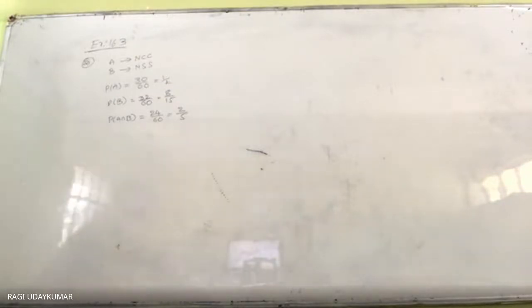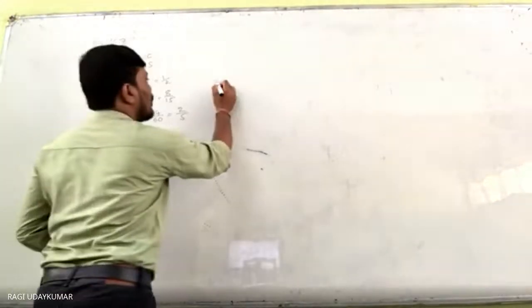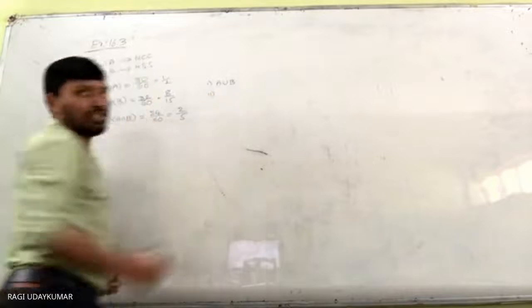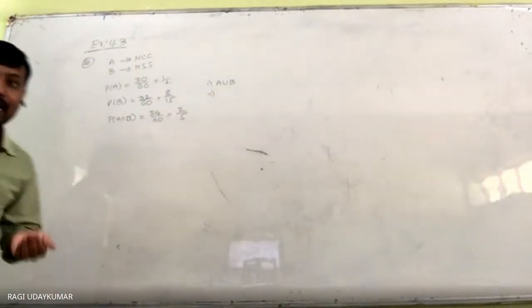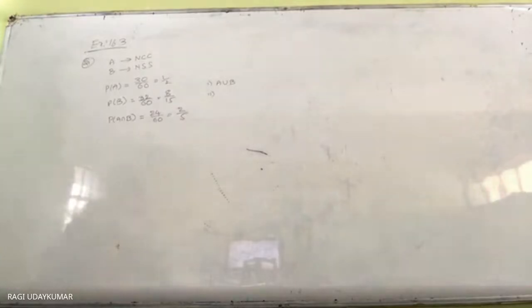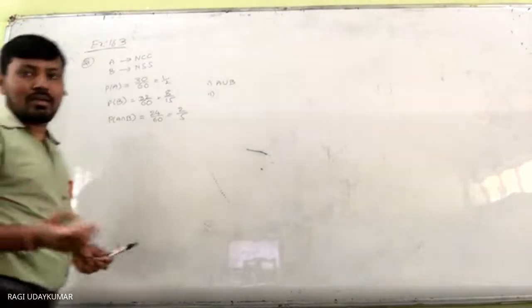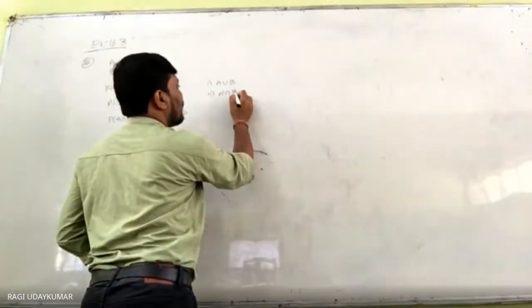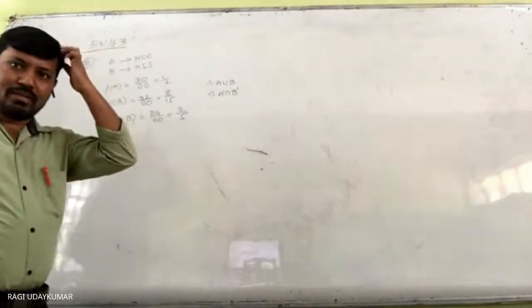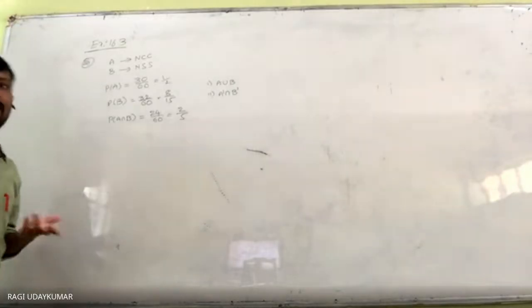So what is the question asking you to find? First, see the question: if one of the students is selected, the probability that the student opted NCC or NSS. So NCC or NSS is A union B, the first question. The second question: neither NCC nor NSS. Neither nor is represented by A complement and B complement.